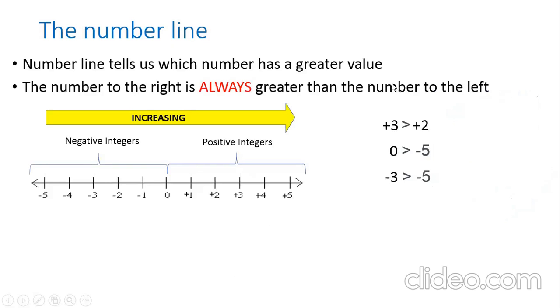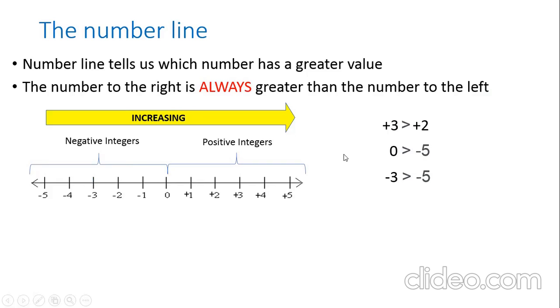If we want to compare two integers using the number line, we notice that the number that falls on the right side always has a bigger value than the number that falls on the left side. For example, here 3 is bigger than 2.